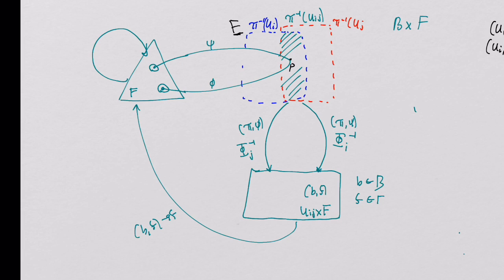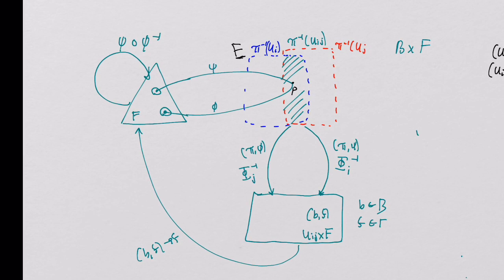I have to be able to translate that to the F due to the psi mapping. And it's pretty easy. It's going to be phi inverse compose psi, or likewise it's going to be psi inverse compose phi, right? And those will be mappings from F into itself.